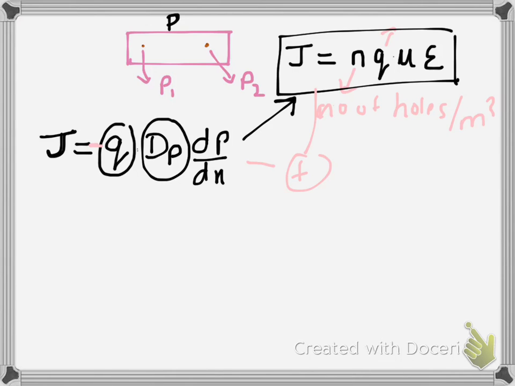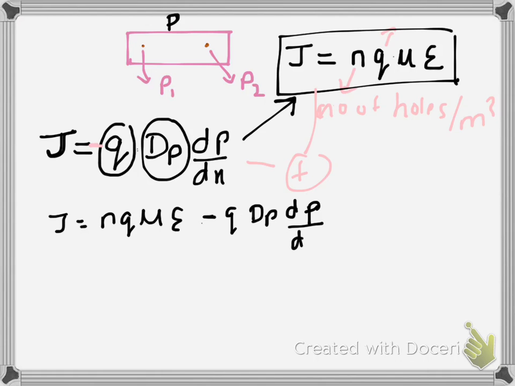I'll get one equation that will say that J is equal to nothing but NQ into mu into E minus Q dP by dx. Now since we are dealing with the positive type holes, I'll just substitute this N with P.